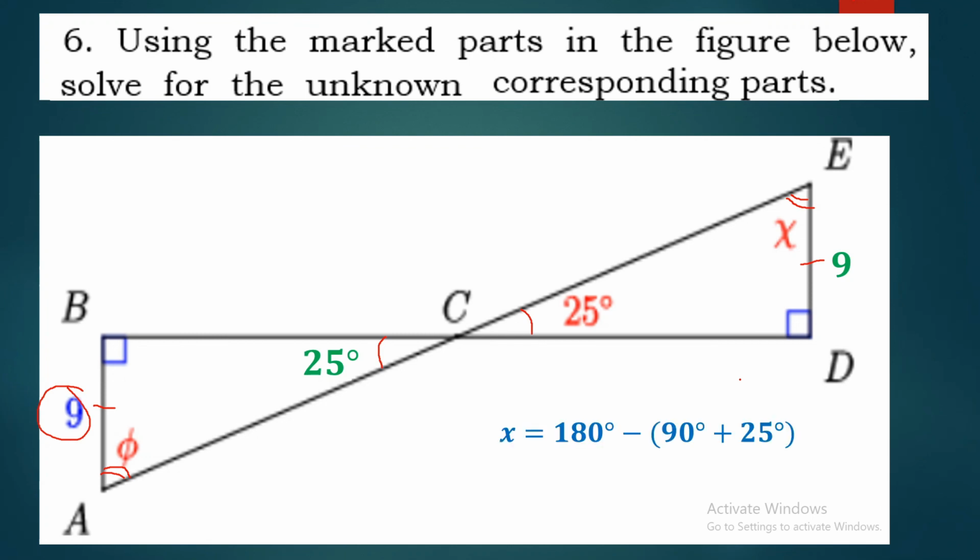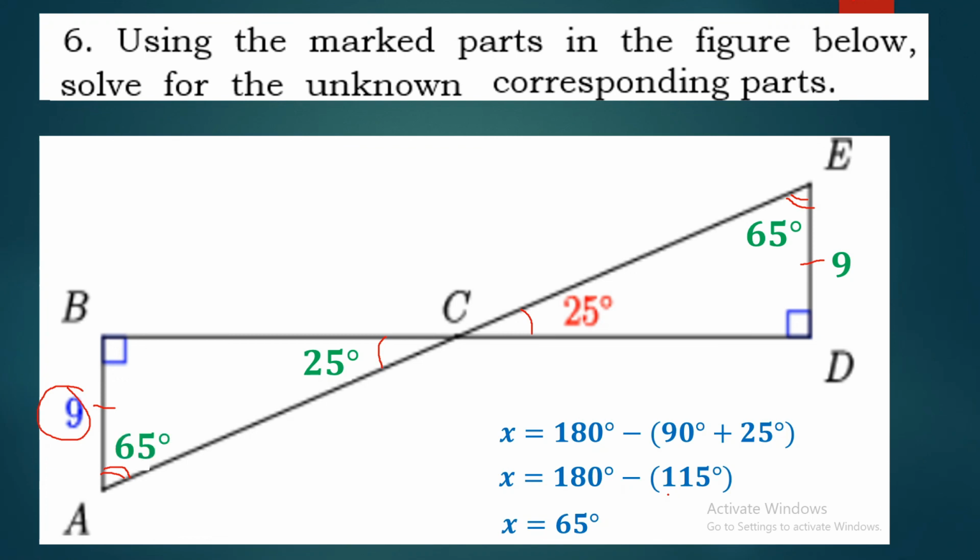So we have x is equal to 180 degrees minus the sum of the two given angles, that's 90 degrees because this is a right angle, plus 25 degrees. Simplifying, we have 180 degrees minus the sum of 90 and 25, that is 115. And 180 minus 115 gives us 65 degrees. Therefore, the value of x is 65 degrees, and it follows that the value of the Greek letter phi is also 65 degrees.